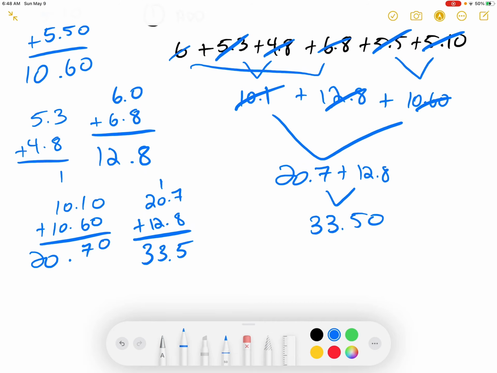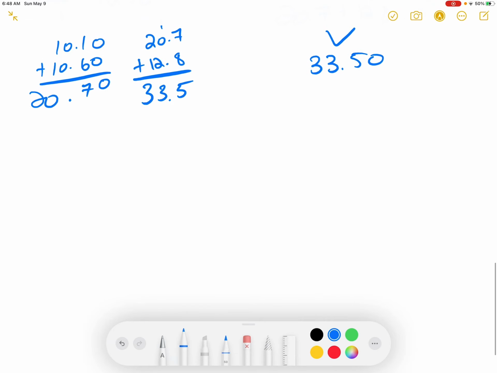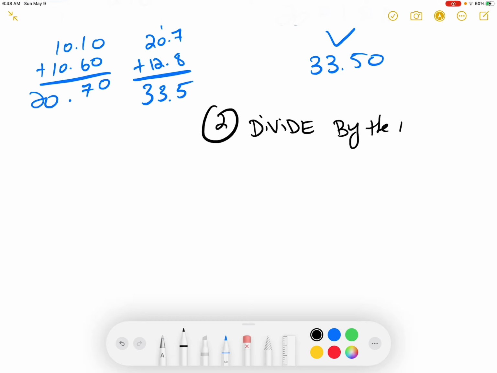Okay, so that's it, right? So we got all our numbers added up. So we added. Second step, divide by the number of items.